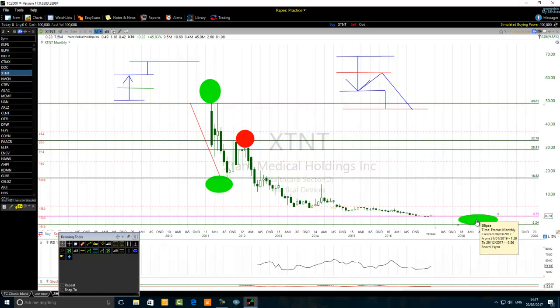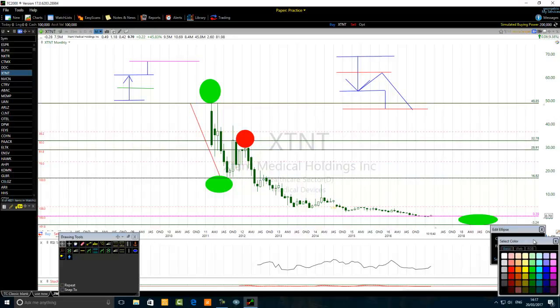So the untold or the forgotten secondary sweet spot zone is between the 150 and the 161.8% Fibonacci extension level.